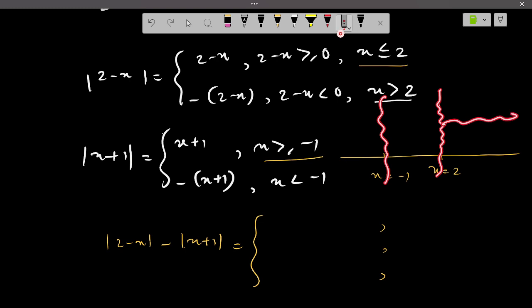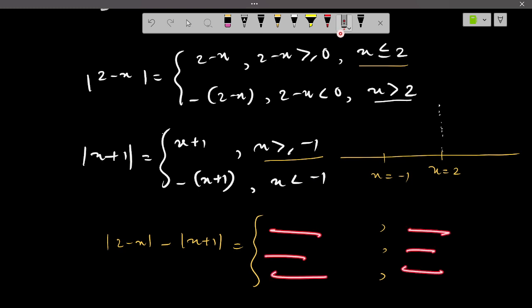Something is happening in between, and this is what you have to figure out, and that's the ultimate goal here. As soon as you are able to figure out what will be here, we will write it down and fill up these gaps along with the conditions. I hope you are getting my point.